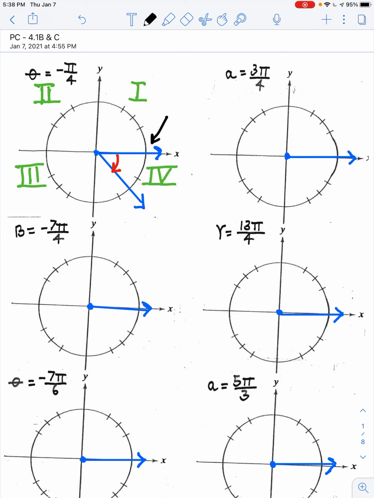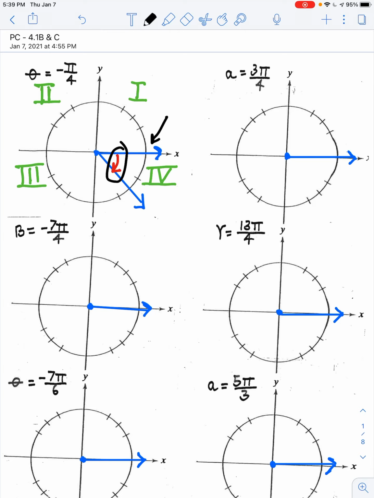If the angle is negative, we rotate clockwise around the unit circle, whereas if it is positive, we rotate counterclockwise. Since our angle is negative pi over 4, we rotate clockwise, and you can see this indicated by the red arrow here. That's indicating the direction you're rotating from the initial side to the terminal side.